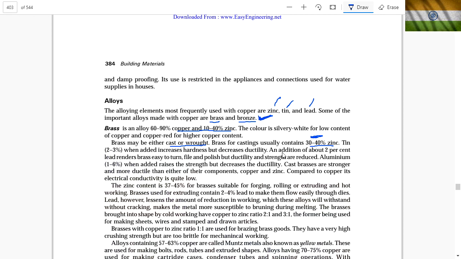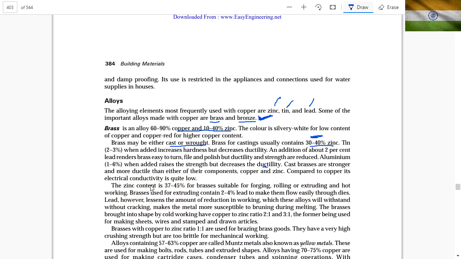Addition of 2% of lead renders brass easy to turn, file and polish, but ductility and strength are reduced. Aluminium, 1 to 6% when added, raises the strength but decreases the ductility. Cast brasses are stronger and more ductile than either of their components, copper and zinc.